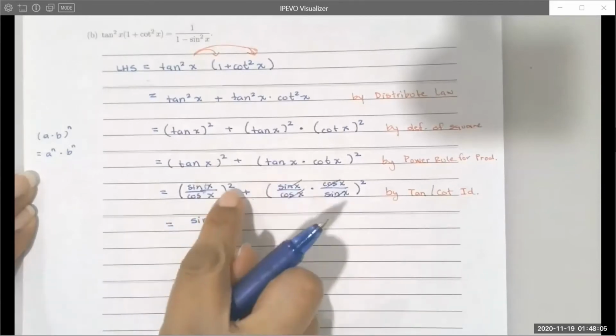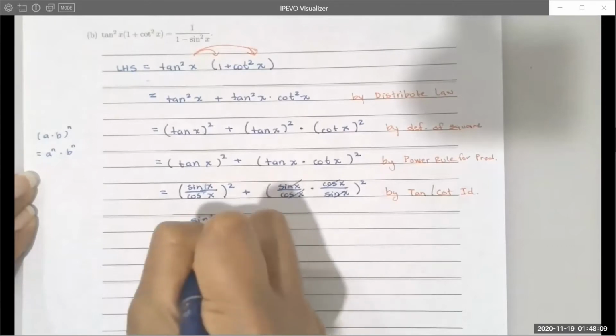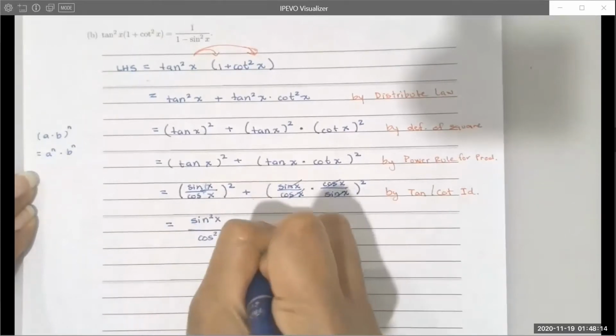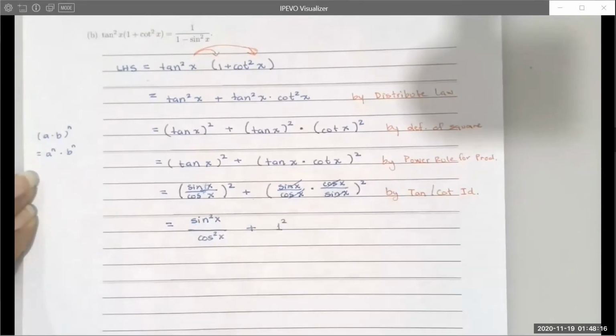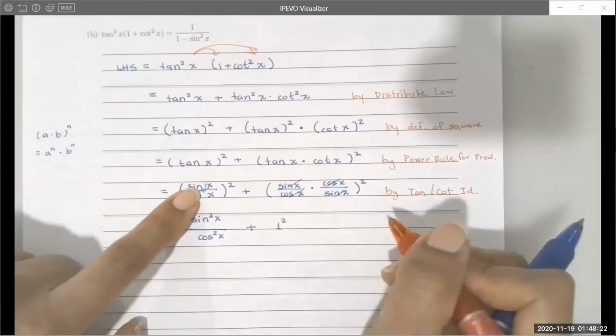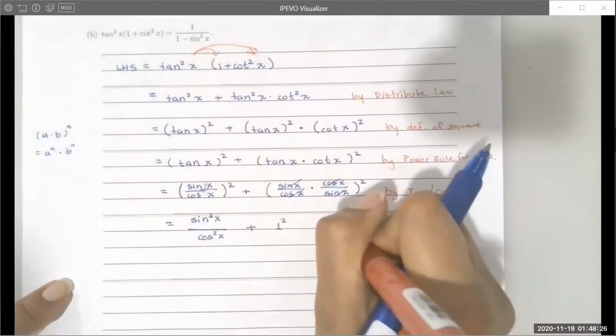I'm going to apply this squared to the numerator and denominator now. We're going to end up with a sine squared over cosine squared x plus a 1 squared, which is simply just the 1. Okay, so what happened here? Here I applied the power rule for quotients.